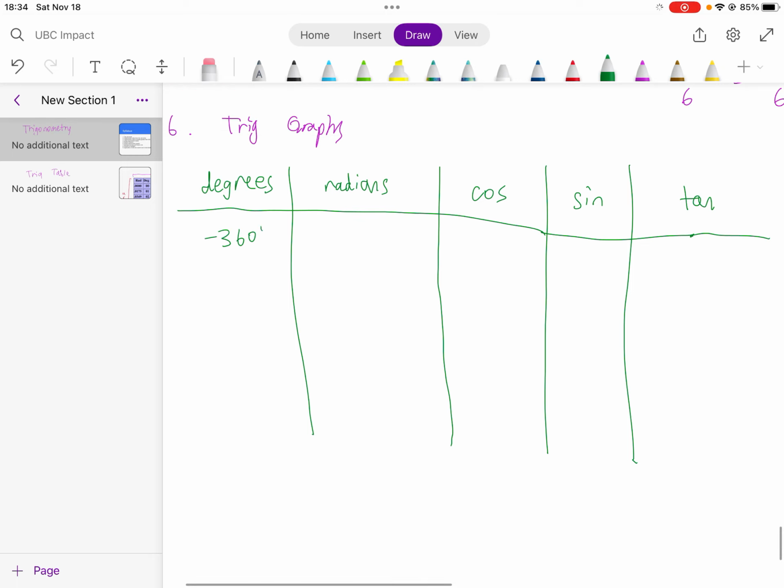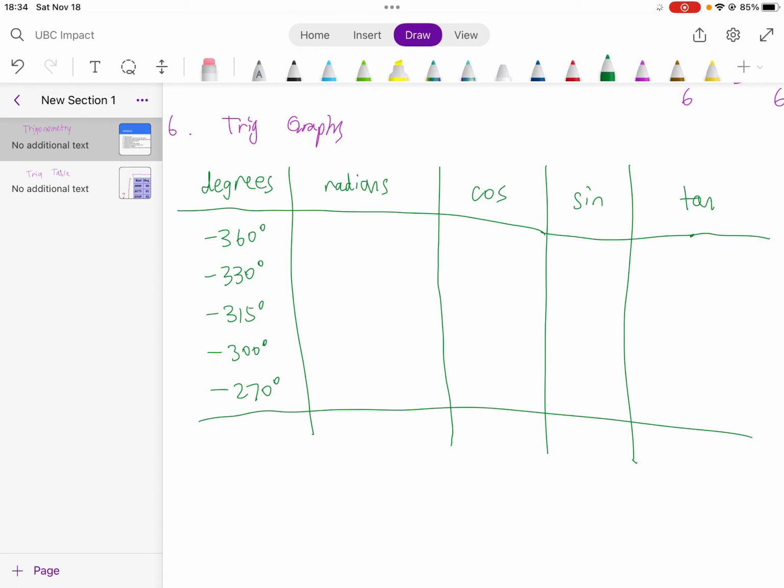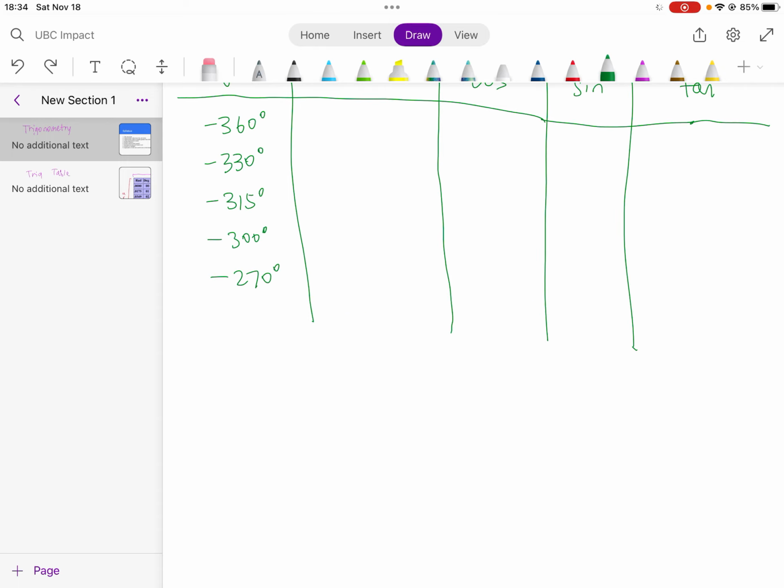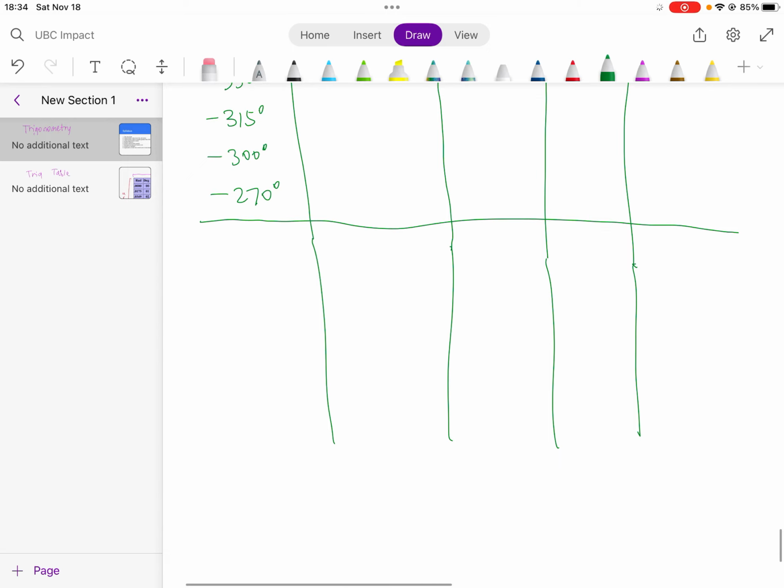Negative 360 degrees, negative 330 degrees, negative 315 degrees, negative 300 degrees, negative 270 degrees, and then negative 240 degrees, negative 225 degrees, negative 210 degrees, negative 180 degrees.